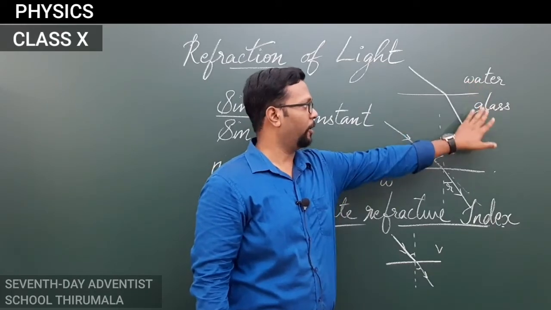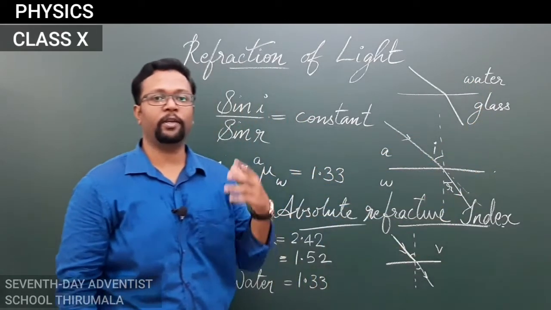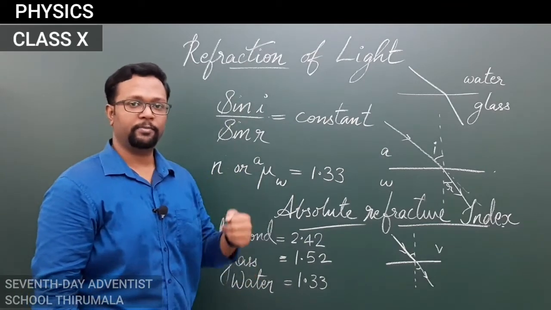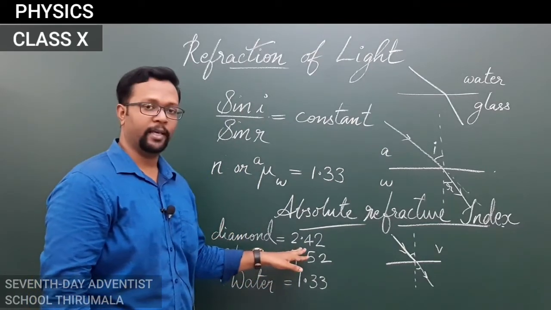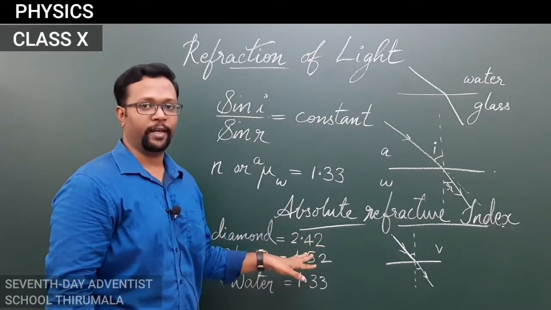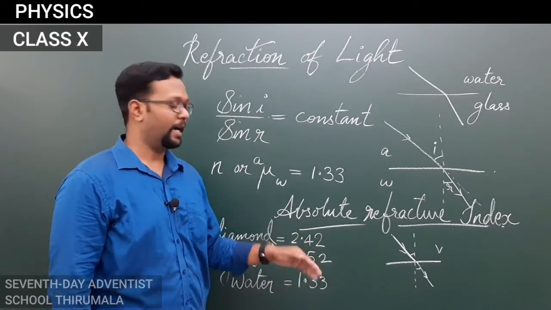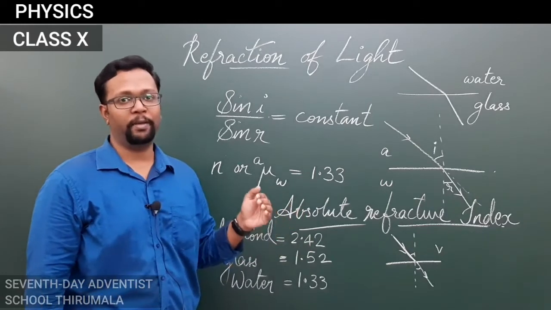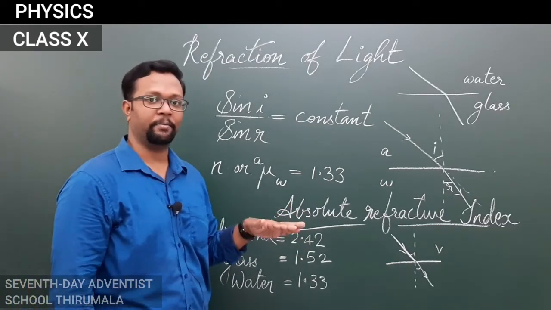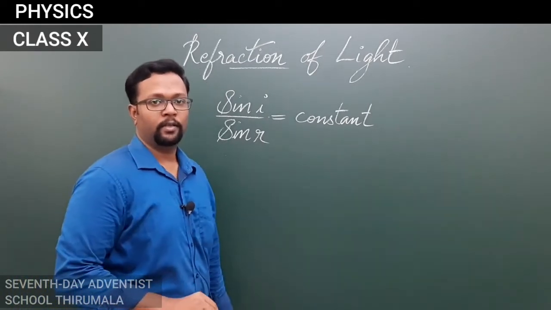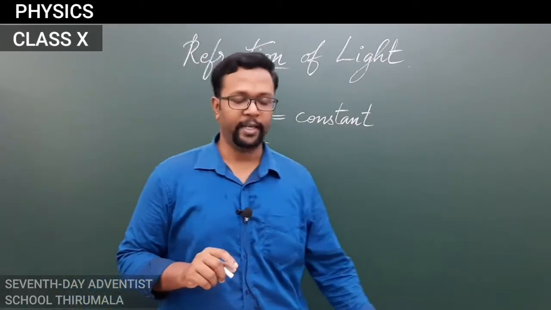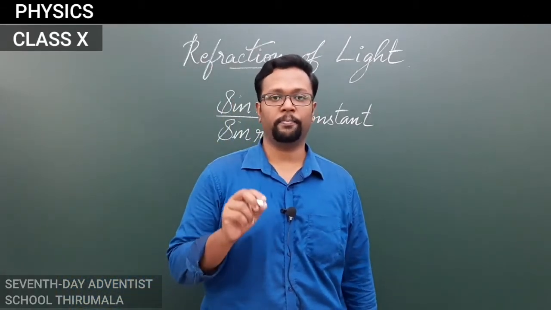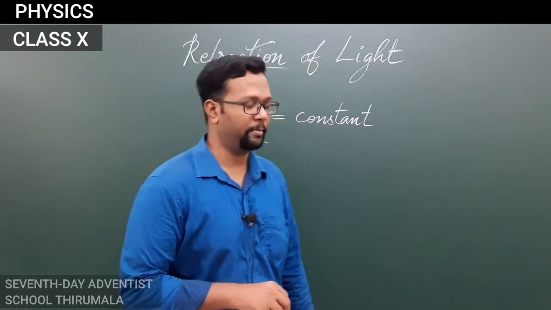Optically rare medium and optically denser medium. So we can find out which medium is denser and which is rarer by looking at its absolute refractive index. The higher the refractive index of a medium is, the more the light ray will bend at the surface separating that medium and air. Refractive index of a medium depends on the speed with which the light travels through that medium.